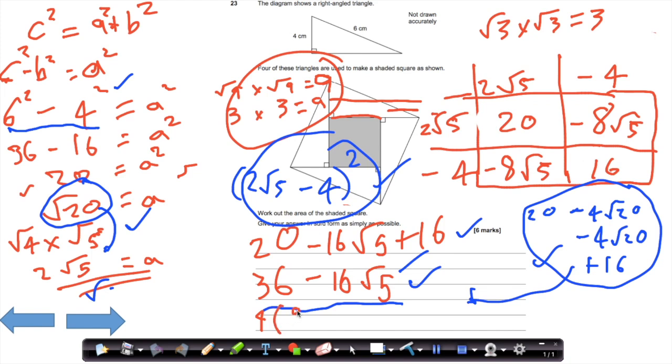So 4 open brackets, 9 minus 4 root 5. Okay, either one of those would have given you the same sixth mark, but that's how you should have finished off the paper.